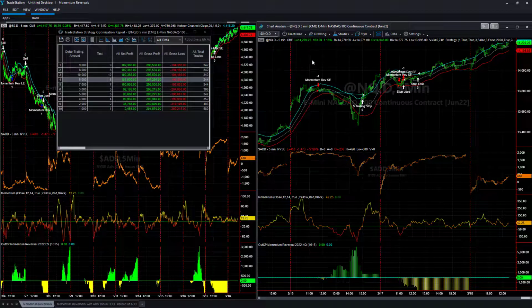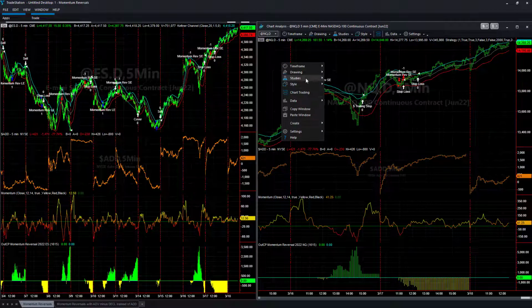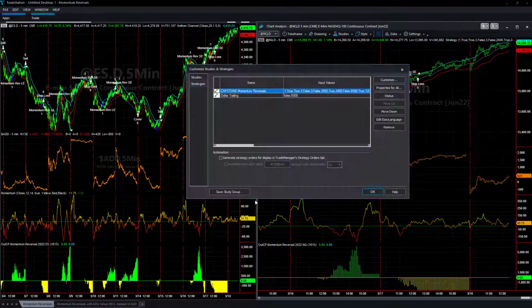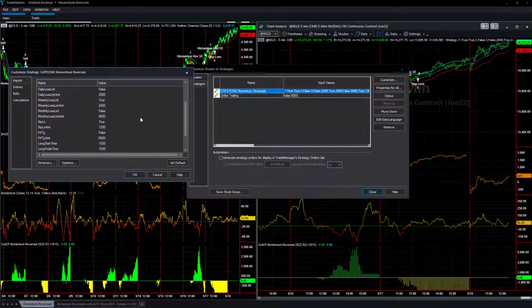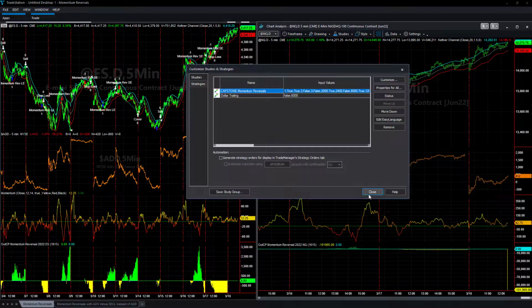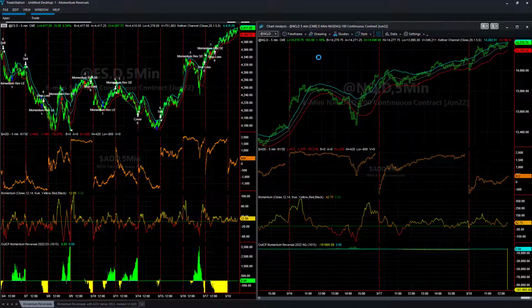And let's take a look at a profit target. Would a profit target help? So we can right click Studies, Edit Strategies, and let's look at profit targets. True. Let's set up a $6,500 profit target because it was around 6,800 or 6,900 was the maximum gain, and we'll see what the results show us here.